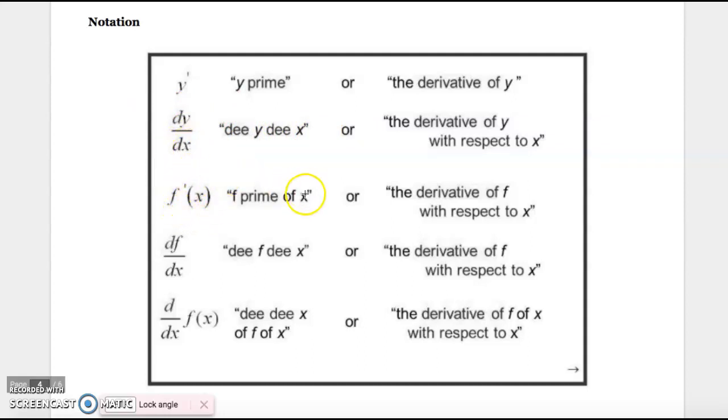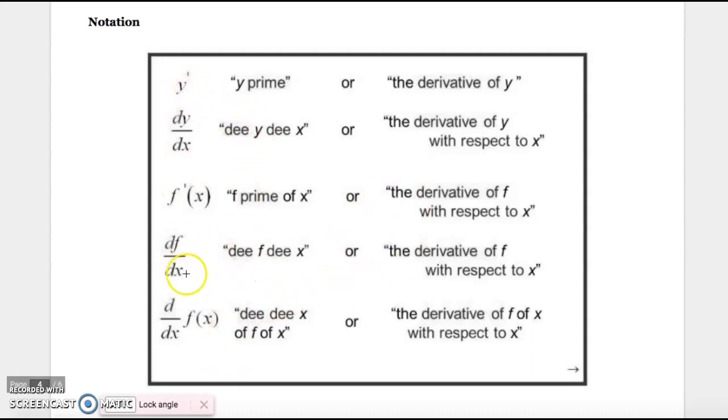F prime of x is the derivative of f with respect to x, and so you'll see f prime is probably going to be used most commonly, and then dy dx would be used next. You could also say df dx, which is the derivative of your function f with respect to x, or d dx of f of x. So you're saying I'm taking the derivative of this function with respect to x. Those are all different ways that you could imply the derivative, okay?